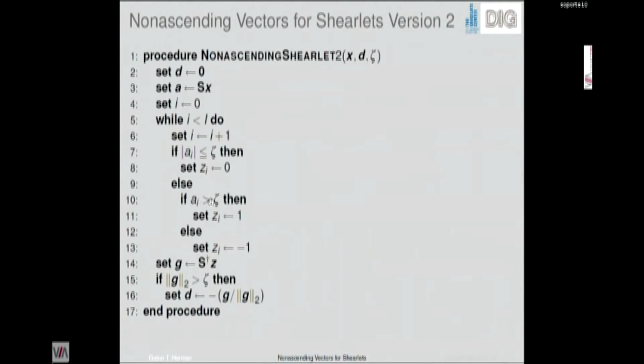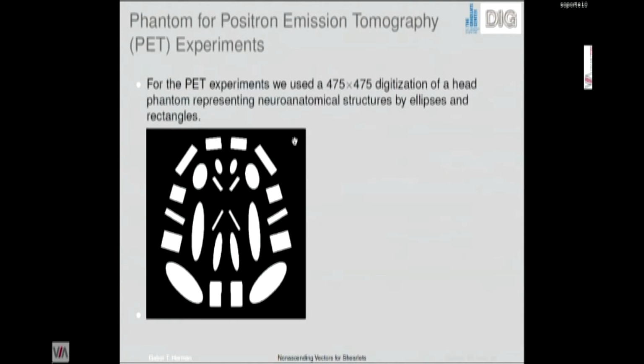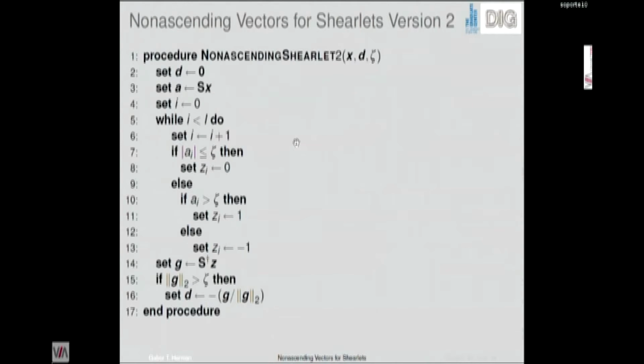If it's greater than theta, then we set Zi to 1. If it's less than minus theta, then we set Zi to minus 1. And that is the thing to which we apply the transpose of S2. And in fact, this G also satisfies the theorem. So this is an alternative way of obtaining non-ascending vectors. And it seems to us it will avoid this difficulty of too slow motion.